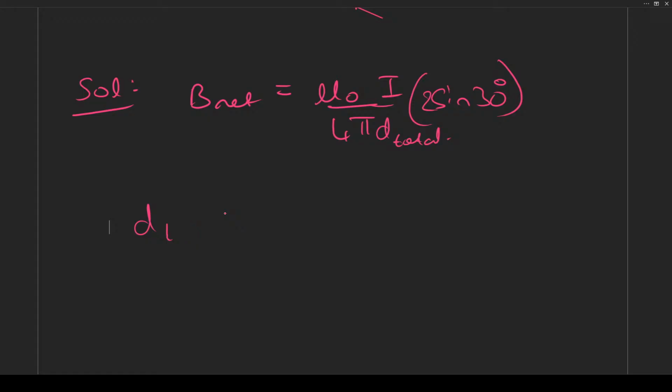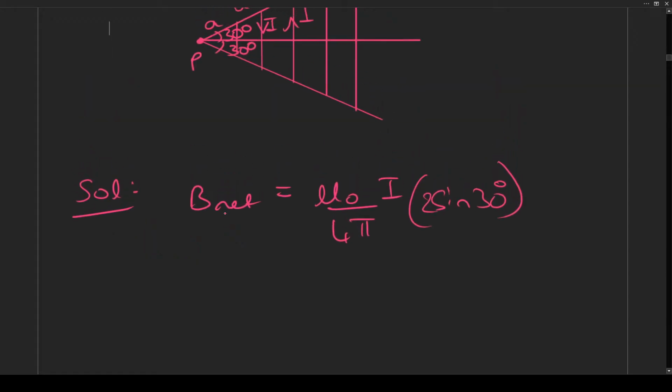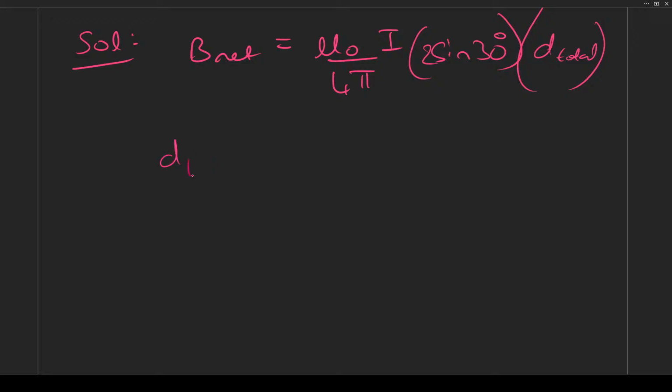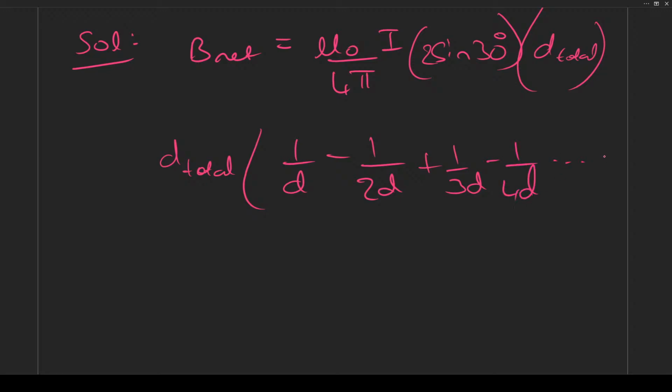Wait, d total is not here, it will be d total. Since currents are in opposite direction, it will be 1 by d minus 1 by 2d plus 1 by 3d minus 1 by 4d, and so on.